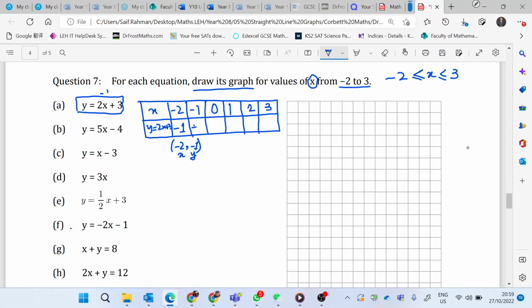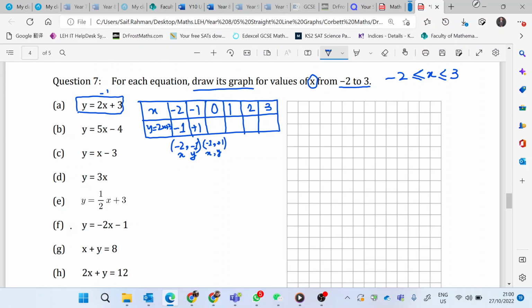So when x is -1, the y value is +1. So the next coordinate is -1 and +1. We write x first and then we write y.